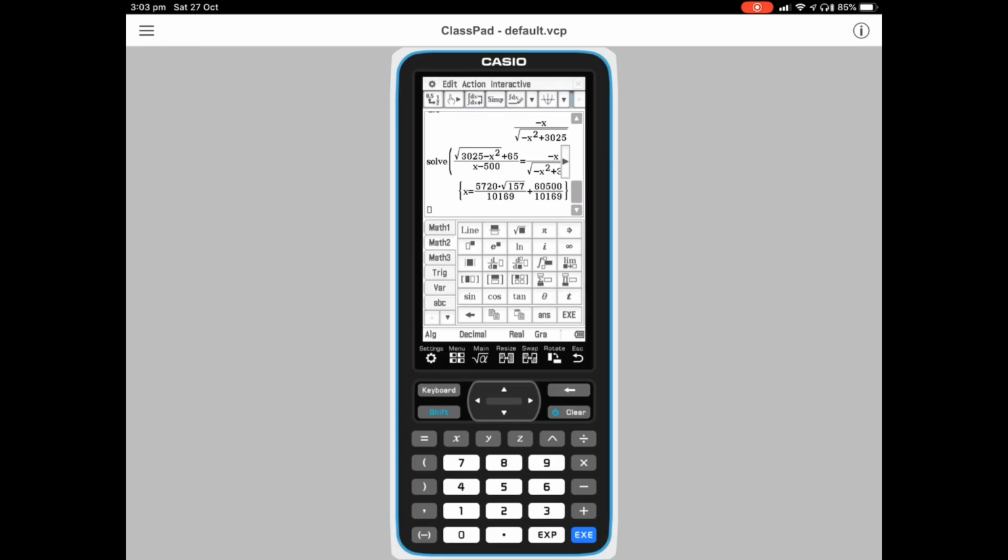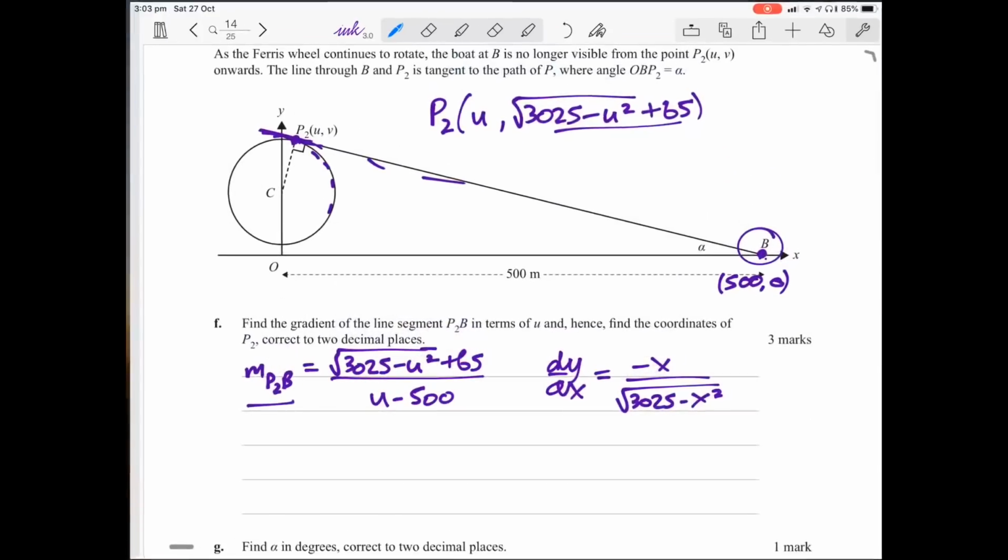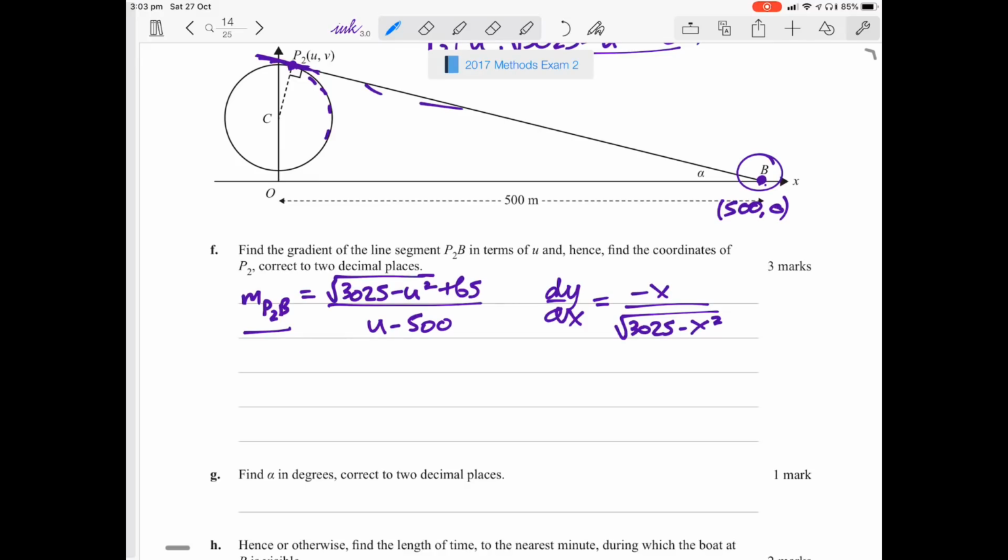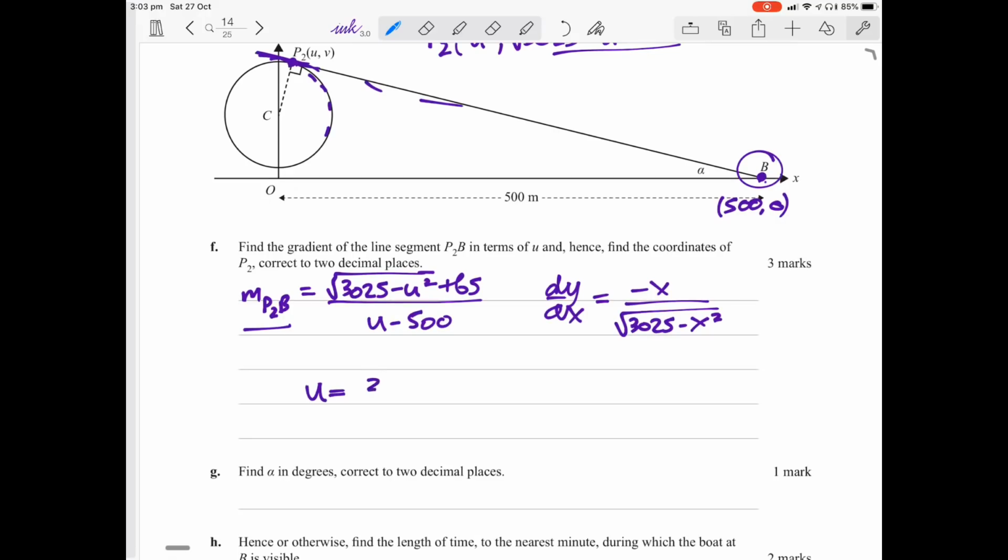Okay, so 12.997. U equals 12.997. Oh, but it says correct to 2 decimal places. Therefore, U is 13.